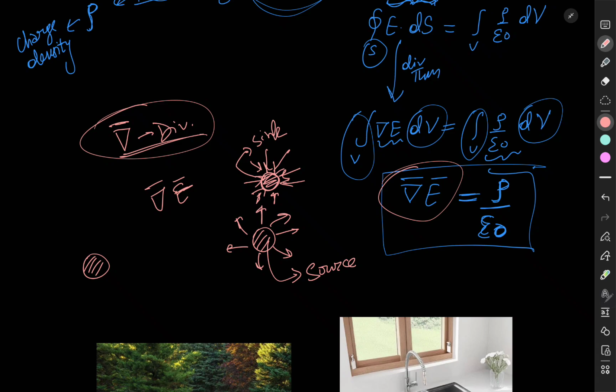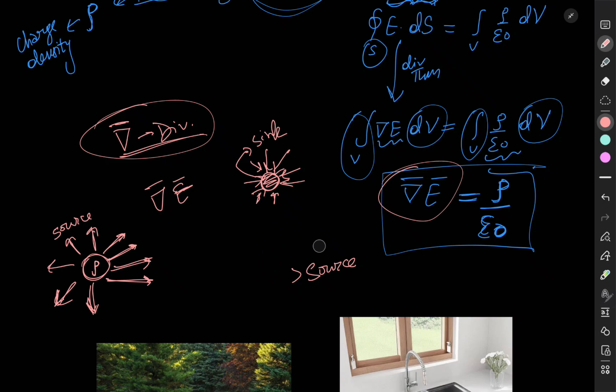Suppose we take the case of a source, then the electric field is coming out. Since this is a source, the electric field is coming out. And we know that there must be some positive charges inside. Since there are positive charges, the electric field is coming outside of this place, where all these positive charges can be represented as rho.